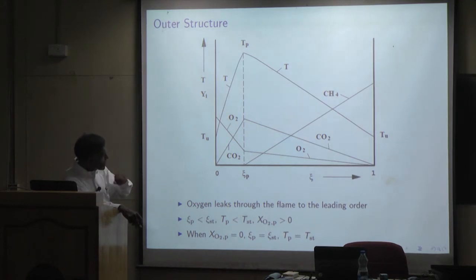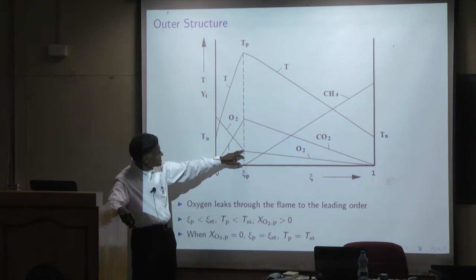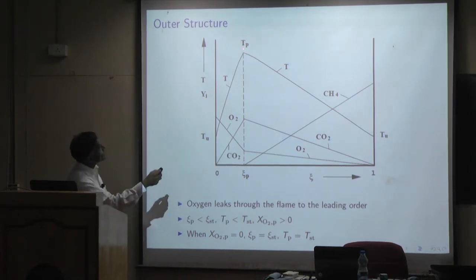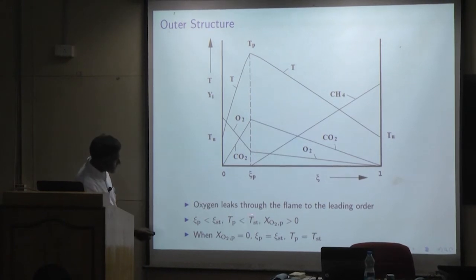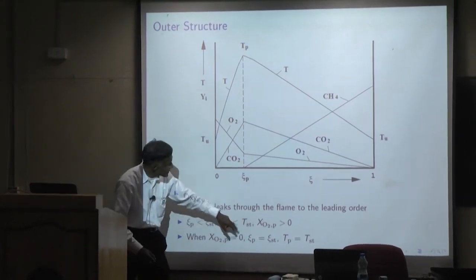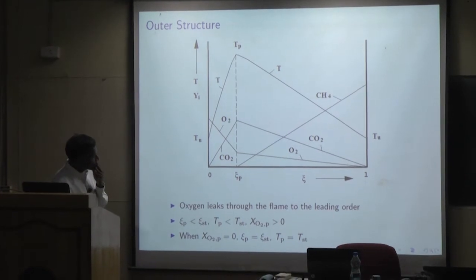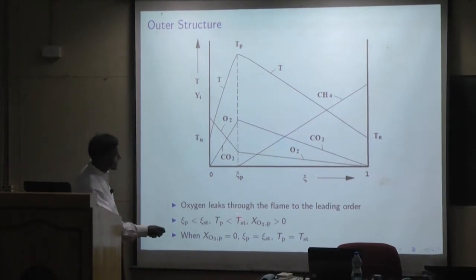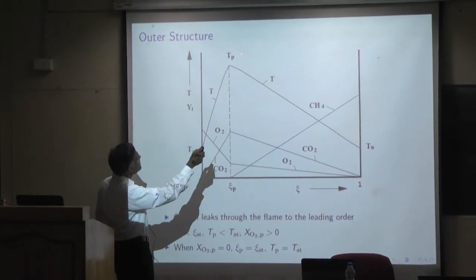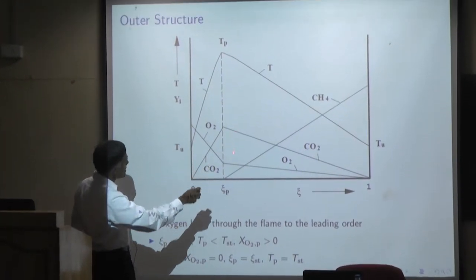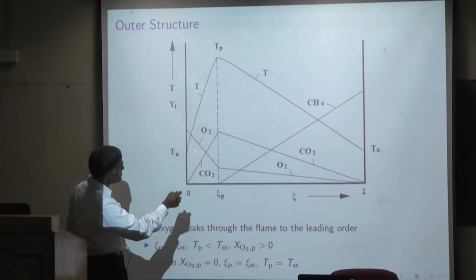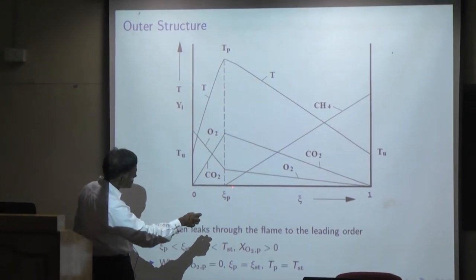Now, because not all the oxygen is completely consumed, the maximum temperature Tp is less than the adiabatic temperature. So this TST is the temperature when oxygen is completely consumed. If oxygen were completely consumed, the flame would be somewhere over here, resulting in complete consumption of oxygen.